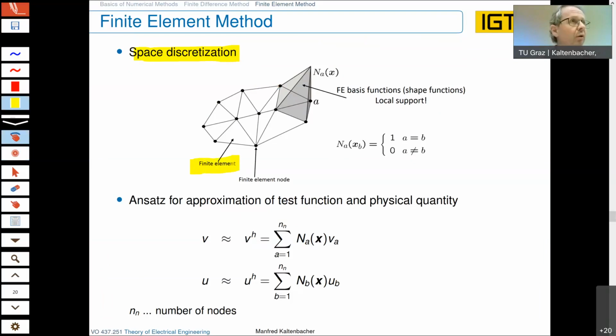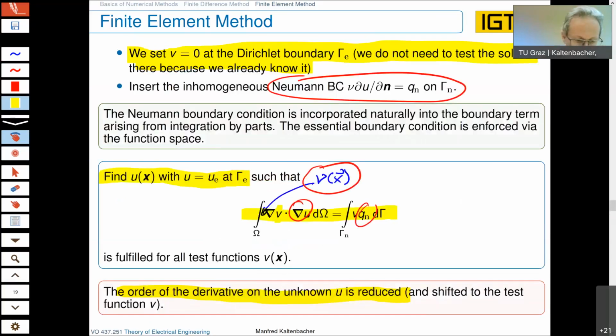In our case, we do a triangulation, so we have triangular elements. And all these nodes, which we have here, we call them finite element nodes. At these nodes, we don't know the solution. At some nodes, we know the solution already because these are the nodes where we have the Dirichlet boundary condition.